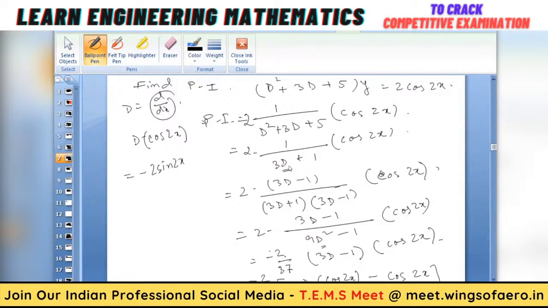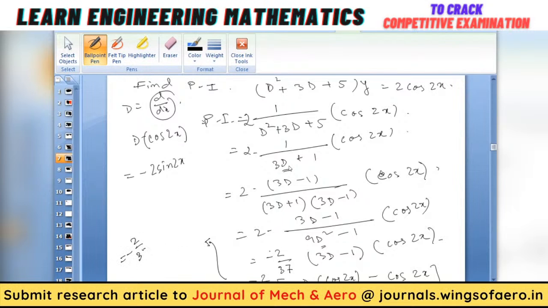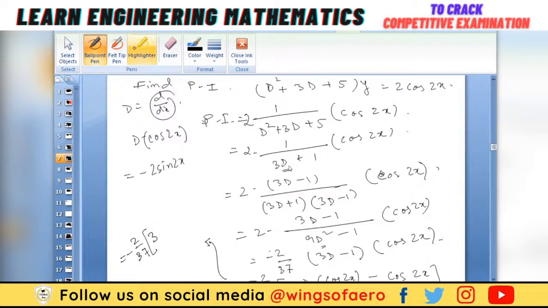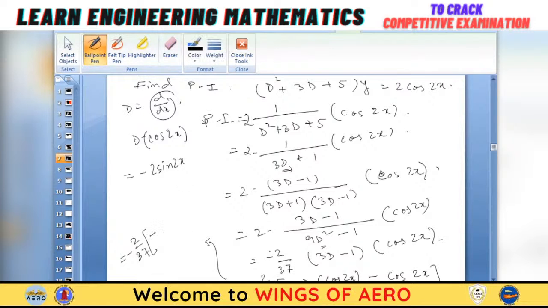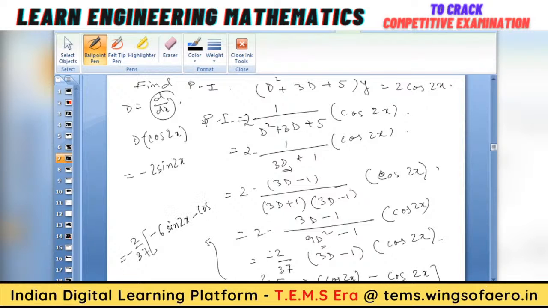So this is equal to minus 2 by 37 into 3 into, means 3 into 2 equal to 6, it becomes minus 6 sin 2x minus cos 2x. This is the answer, PI.